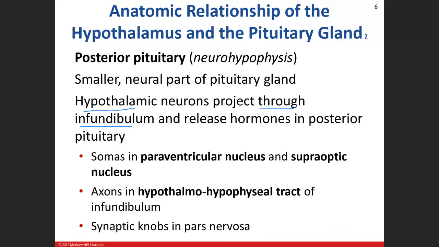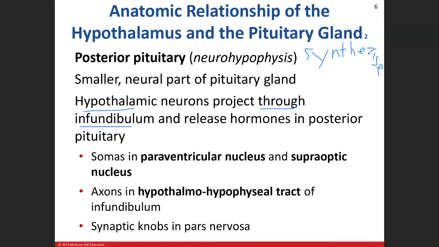You have to be really careful with the wording when you're reading a question. Anytime it mentions the posterior pituitary, read that question really closely. If it says the posterior pituitary synthesizes oxytocin and antidiuretic hormone, ADH, that's wrong.